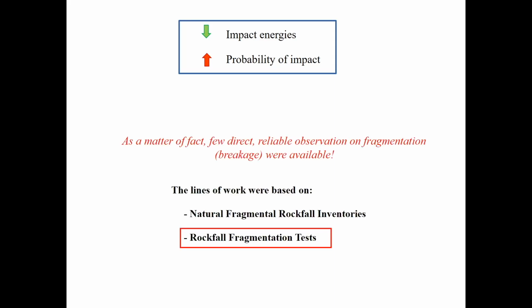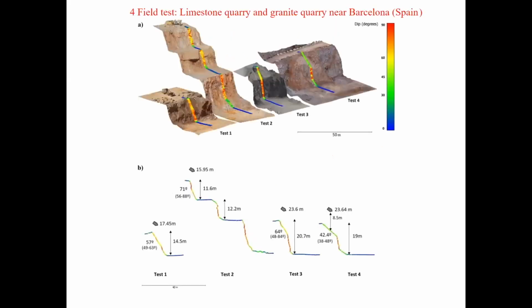The two lines of work in the project that we started in 2015 were natural fragmental rockfall inventories around the mountains, mainly in the Pyrenees, and also to carry out the rockfall fragmentation tests.